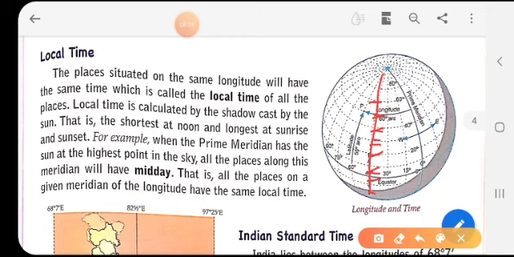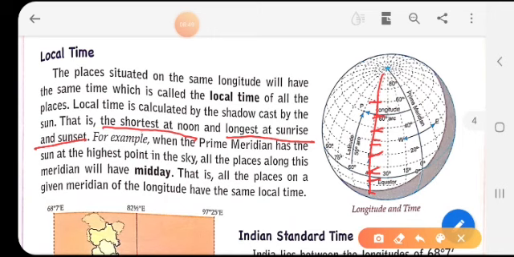Local time is calculated by the shadow that is cast by the sun. So what is the shadow at noon? It is the shortest at noon and longest at sunrise and sunset.